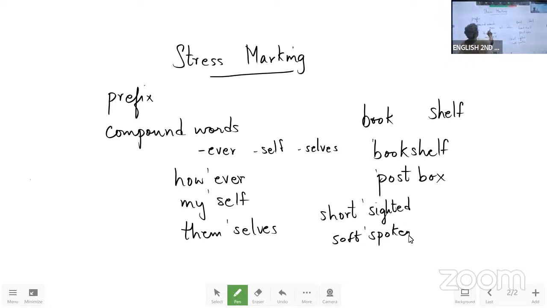In the book, it only mentions ever, self, selves. Otherwise, compound words, it's on the first syllable. But then you have short-sighted, again a compound word, soft-spoken, another compound word where it is on the second syllable.